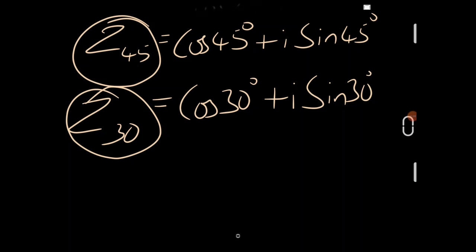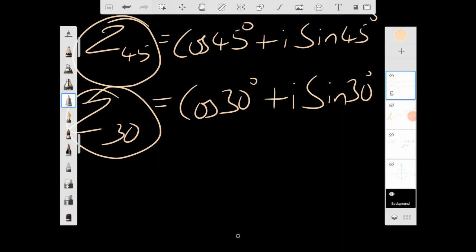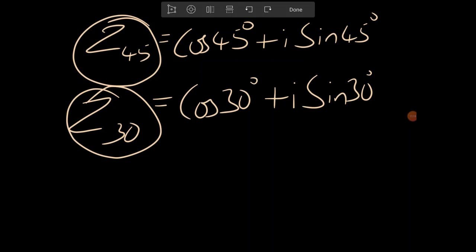let's see what we get. Remember this: set 45 is cos 45 plus i sin 45, and set 30 is cos 30 plus i sin 30.